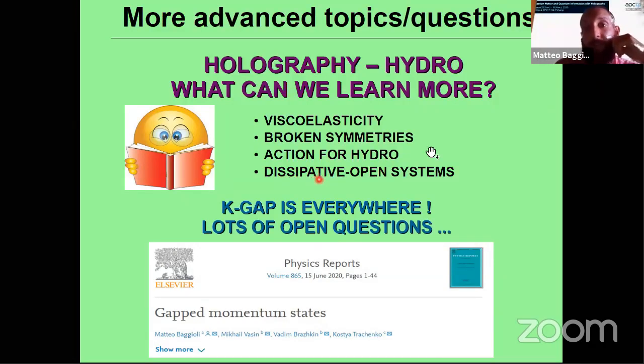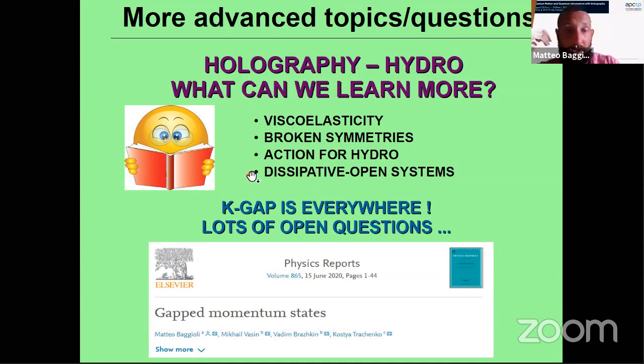Another thing which I think is very relevant is to better understand the physics of open and dissipative systems in terms of black holes. A black hole by itself is a dissipative system, right? It's an open system that throws away things and absorbs stuff. So it's not so illogical that the physics we get looks like dissipative open systems.